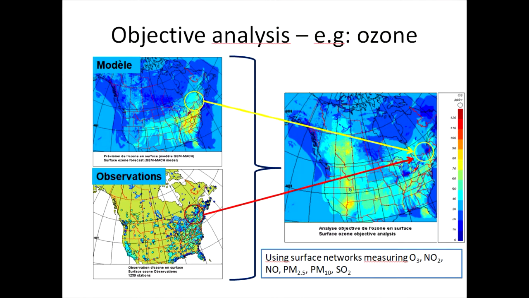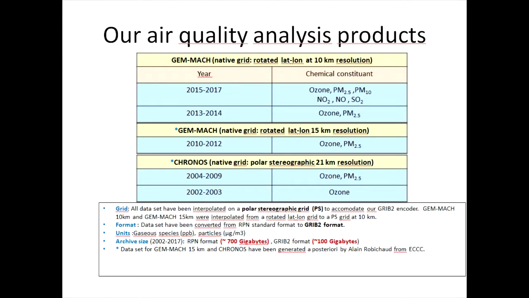Next slide, we're showing the data sets that we have for air quality surface analysis. So we started to produce them in experimental mode in the early 2000s, in 2002, we started with ozone.